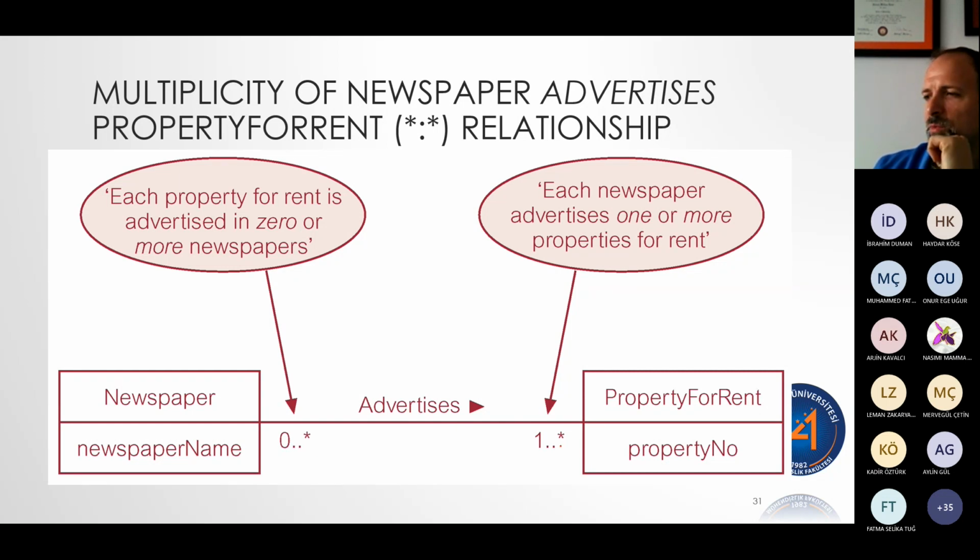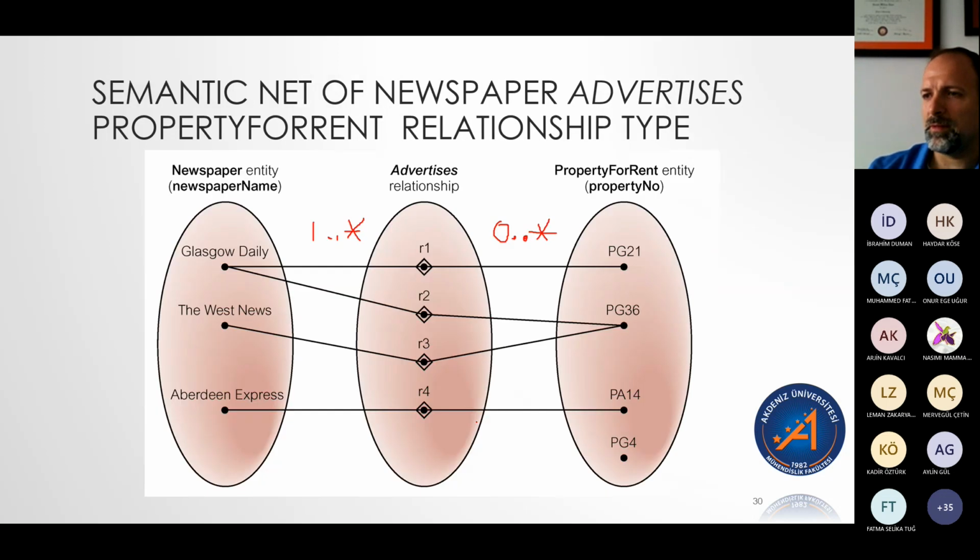Now, Zeta, you asked why not 1..2. In our example data, yes, all the newspapers could advertise 1 property for rent, like the West News did, or it could advertise 2, like the Glasgow, I cannot ever pronounce that, Daily newspaper.